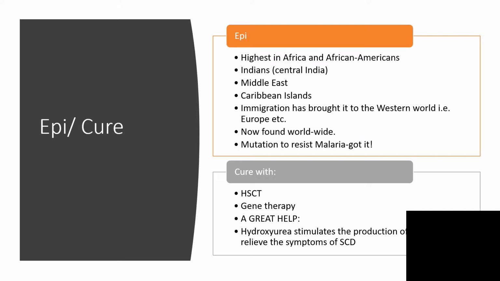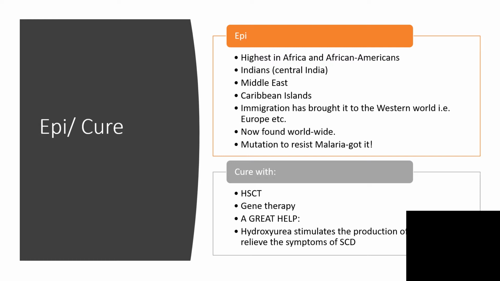To start with, epidemiologically, sickle cell disease is highest in Africa, and of course among African Americans in the US. It's also found in Indians, particularly in Central India. The Middle East is not left out because it's found there, and also in Caribbean islands.